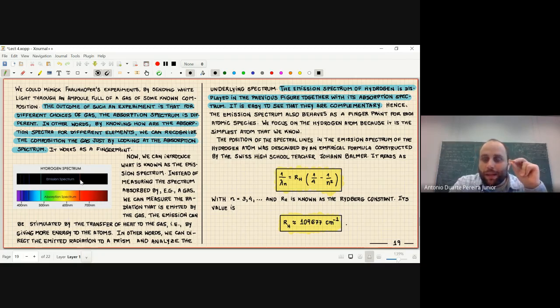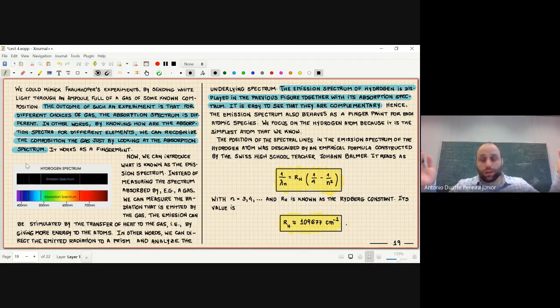So the emission spectrum is again a fingerprint of a material, of an atomic species. I can tell you what will be the colors emitted by hydrogen because every time you heat up hydrogen, it will emit exactly these colors.